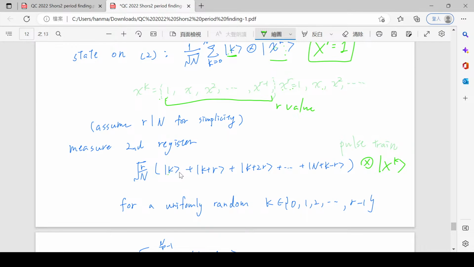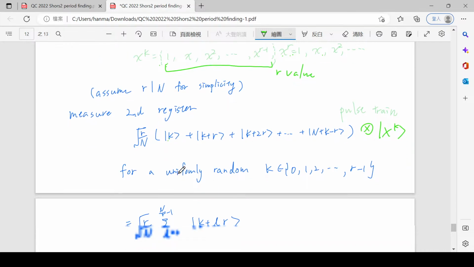Once again, you will have a uniformly random starting point k from 0 to r minus 1, and then the next state is k plus r, the next is k plus 2r, etc., all the way to k plus n minus r. That's why we assume this, to make this much simpler. The total number of states is n over r, since every r gets one state. So the normalization here should be square root of r over n.